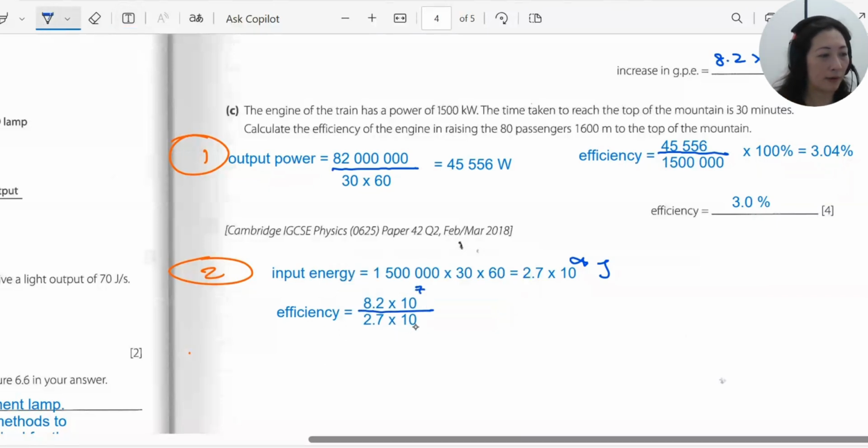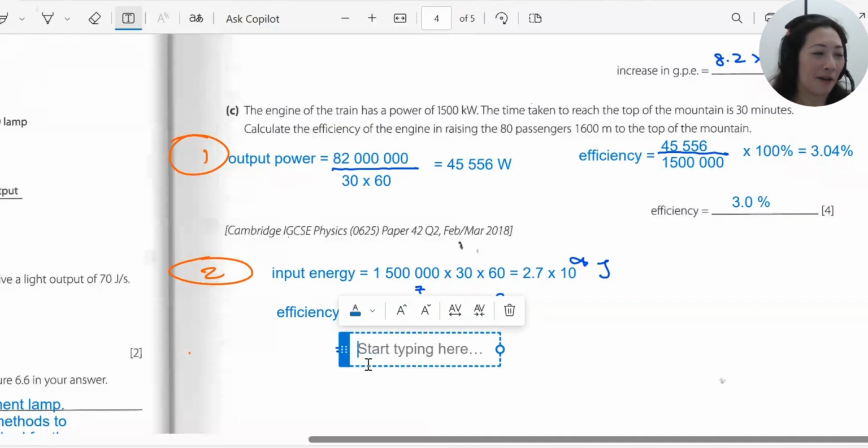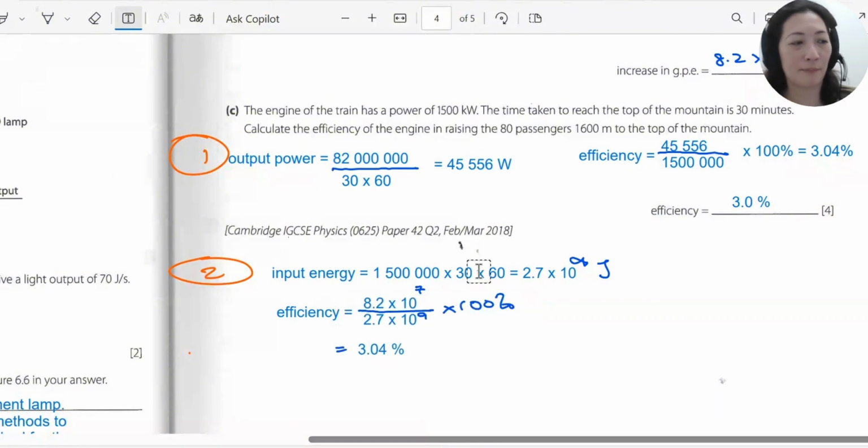So this is 8.2 times 10 to the power of 7 divided by 2.7 times 10 to the power of 9, times 100%. When you calculate this, you should get the same number, 3.04%, which is basically 3.0%.